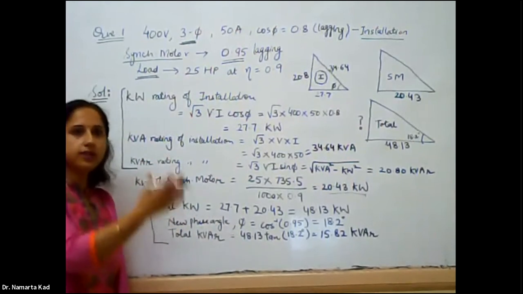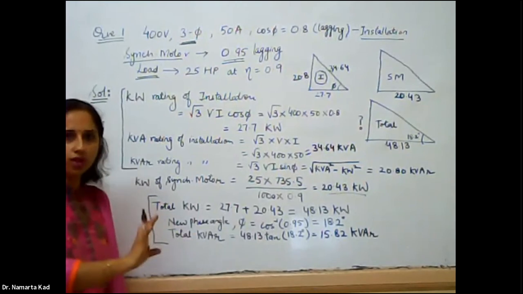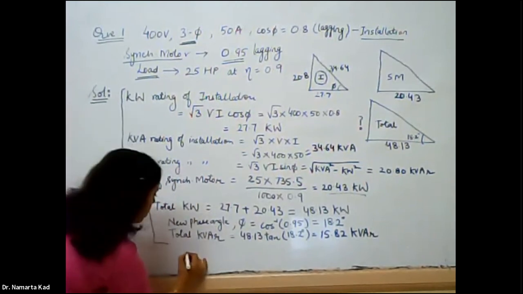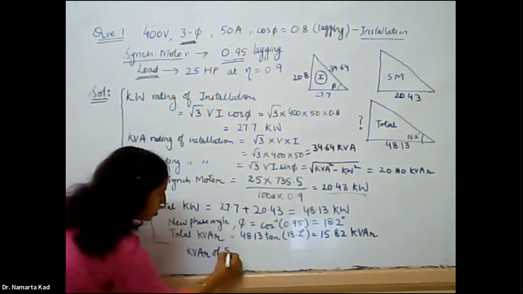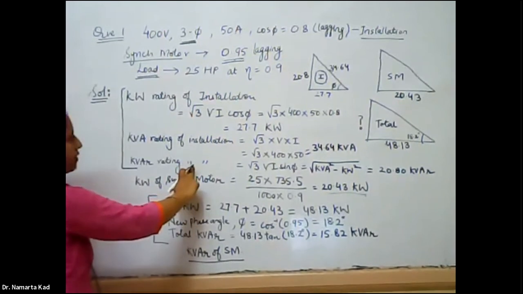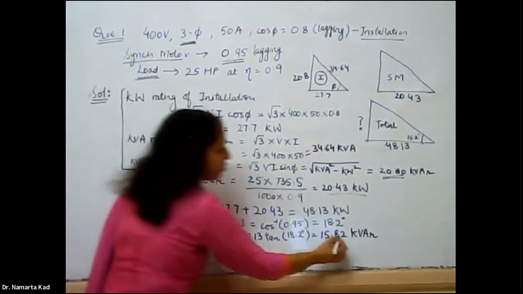Okay, now up to this point we have calculated the kVAR rating of the installation initially, and the final kVAR after installing the synchronous motor. Now the kVAR of the synchronous motor. This is the kVAR initial, and this is the kVAR final.